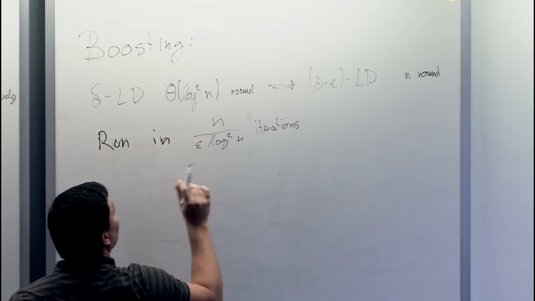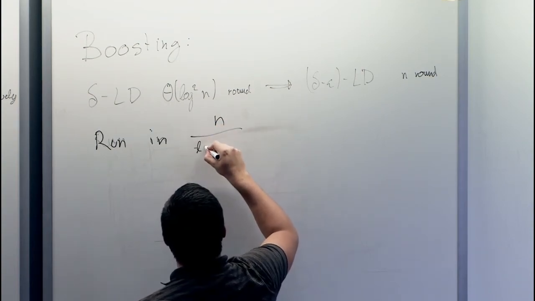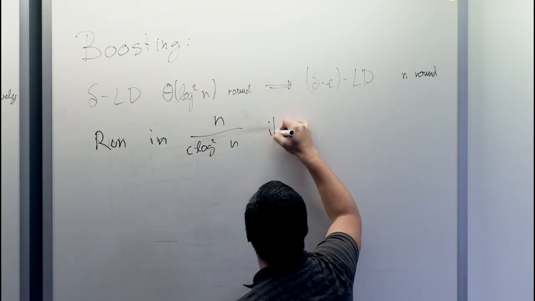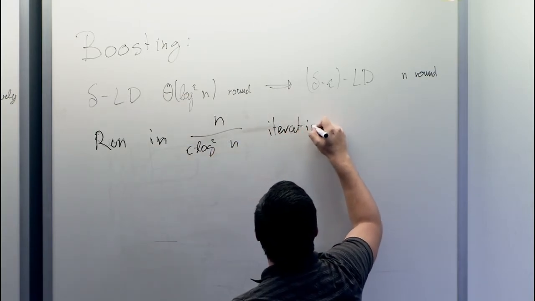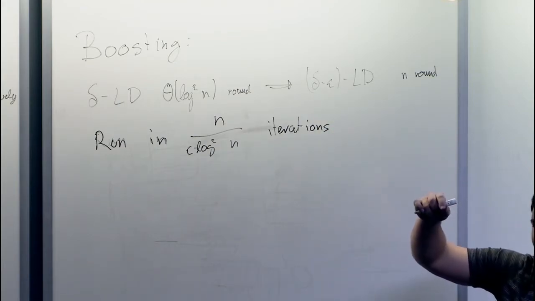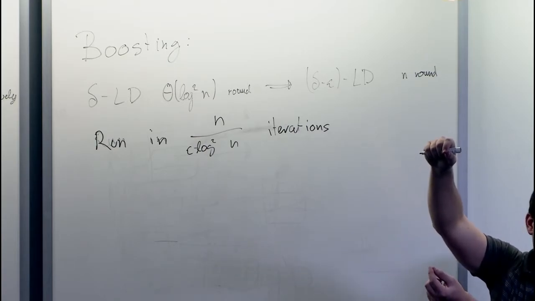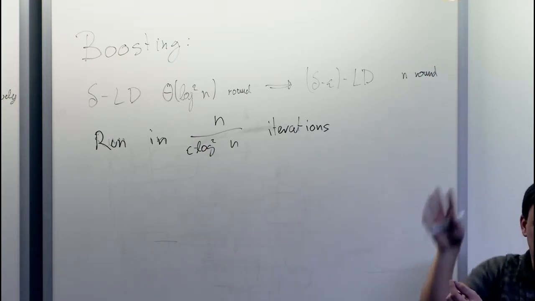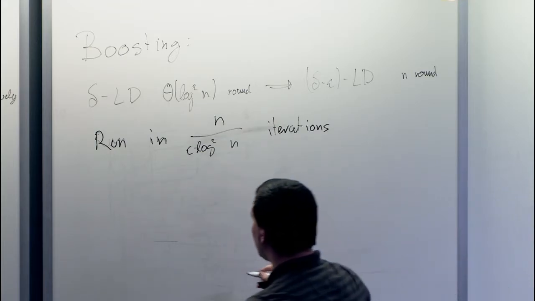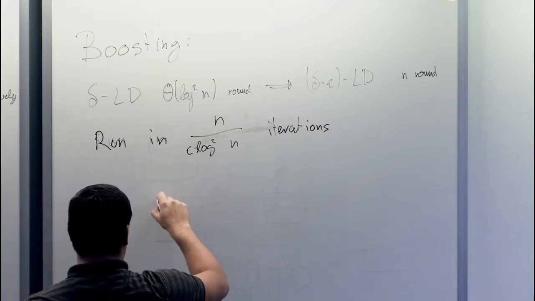So we run in n over log squared n over epsilon many iterations. And in each of these iterations, we want to kind of append, want to search down another log squared n of the correct path. That's the hope. Okay. So in particular, what we do is the following.